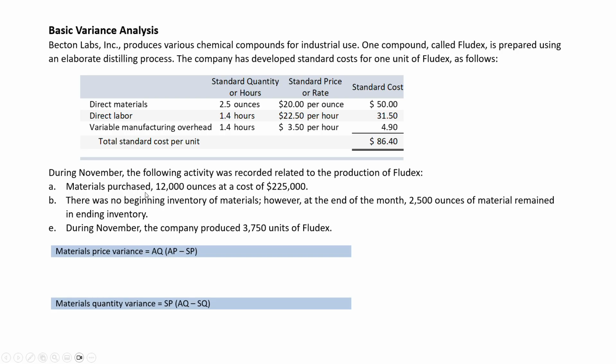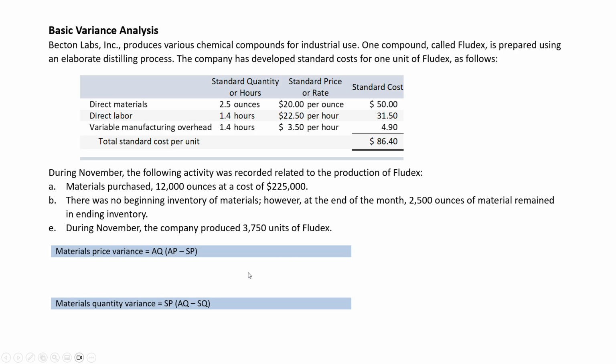The problem is we get two different quantities. They tell us that the amount purchased is 12,000 ounces. But they also tell us that unlike our other scenarios, we end up having some inventory on hand at the end of the month, and that's 2,500 ounces. Because of that, the amount we purchased is not the same as we used.